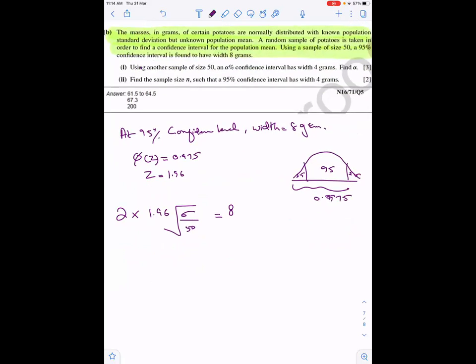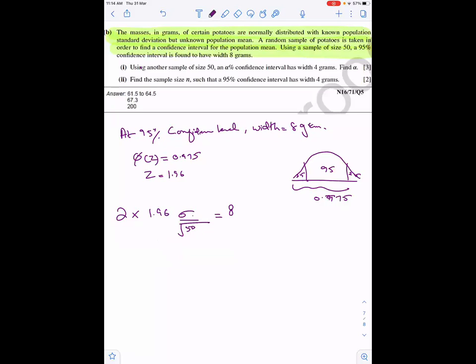Okay, so let's solve this. 8 divided by 2 is 4. 4 divided by 1.96 is 2.04. So it's going to be square root of, either I should have written variance here, or I could have done it this way.